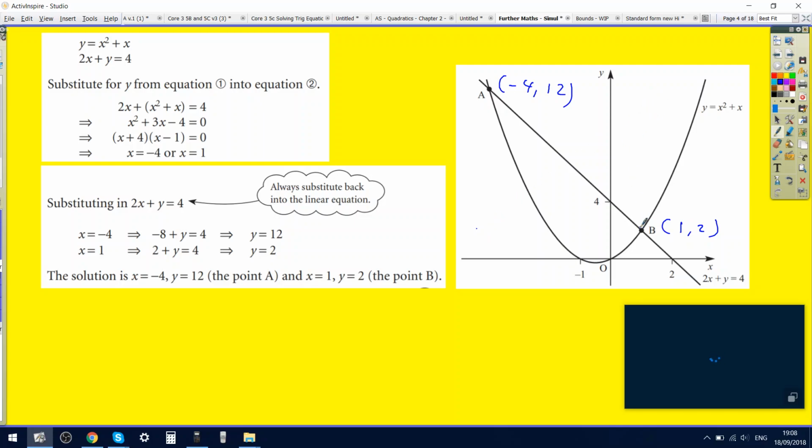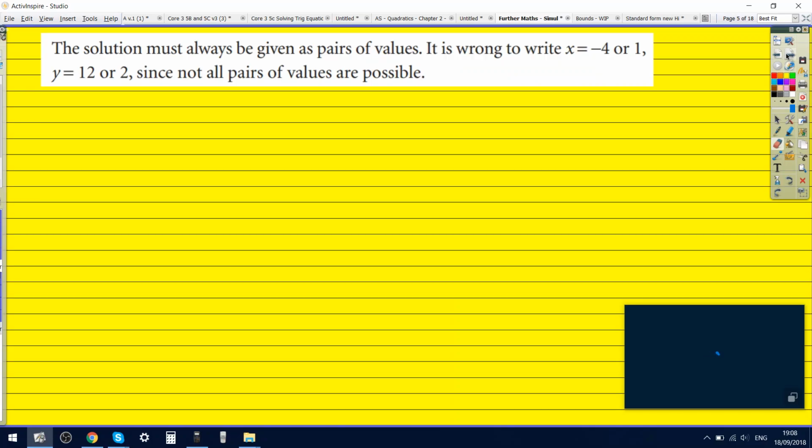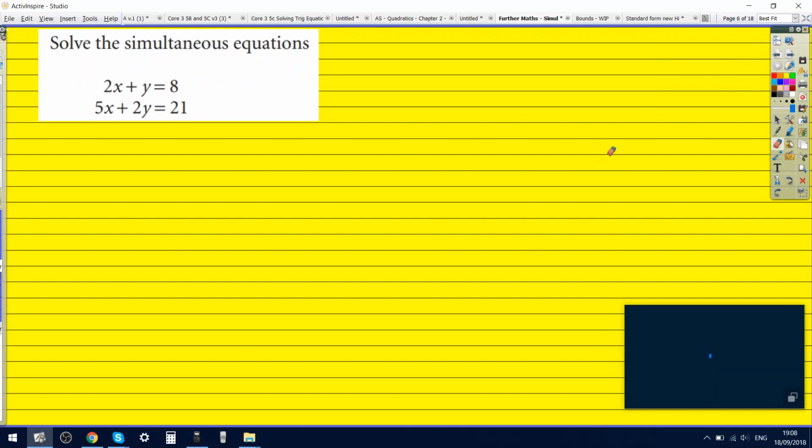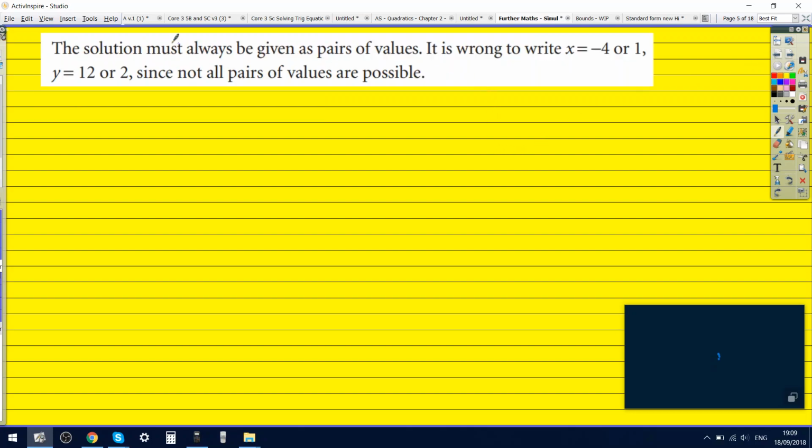The x and the y have to pair up, otherwise they'd cross over here and here as well, but they obviously don't. Okay, how would you solve these two? I'll just write down what you said. So the solution must always be given as a pair of values.